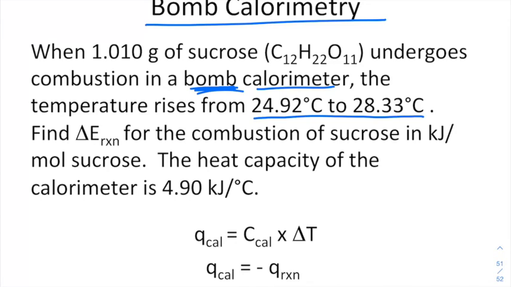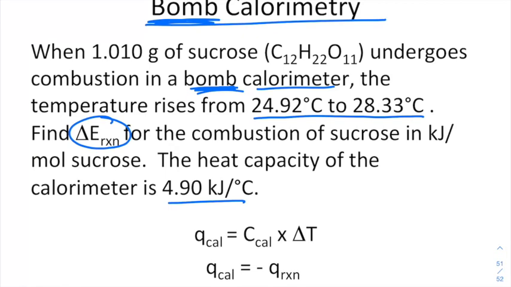And now it says find delta E of reaction. And again, whenever you're in bombs, we're using delta E of reaction for the combustion of sucrose in kilojoules per mole. And the heat capacity of the calorimeter is 4.90 kilojoules per degree Celsius.